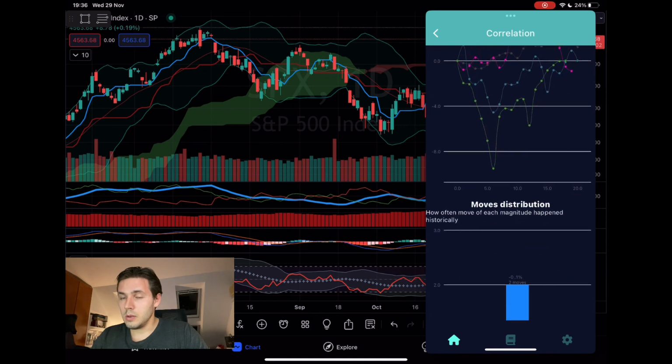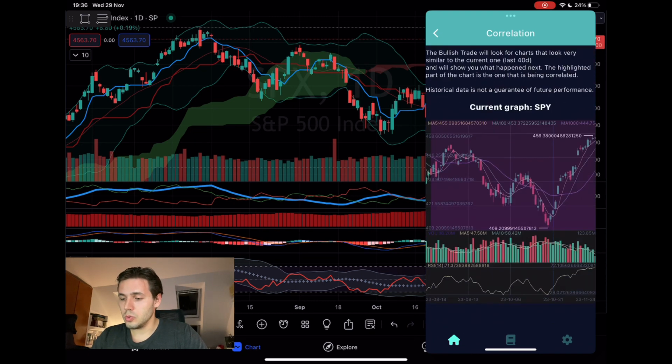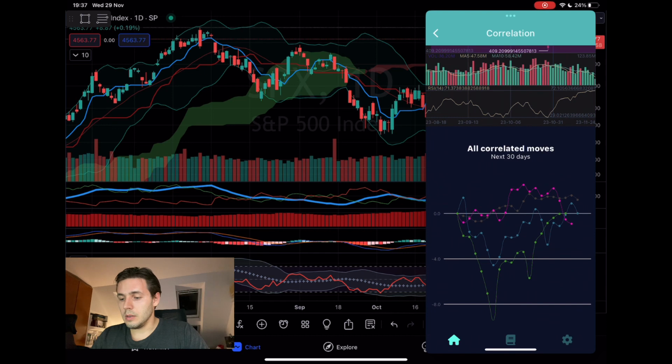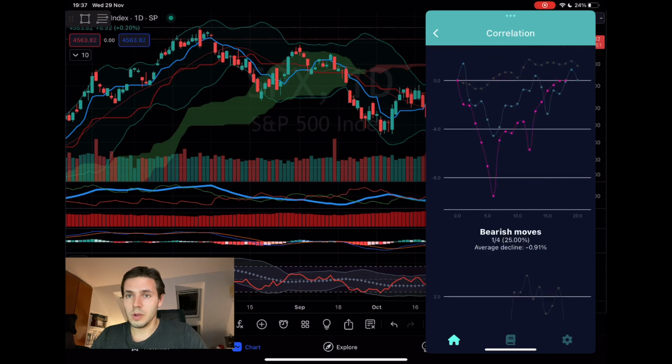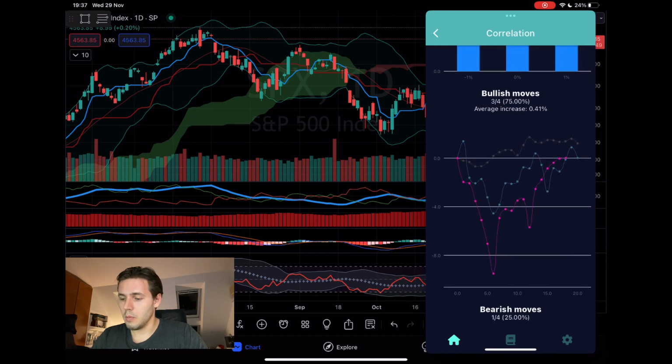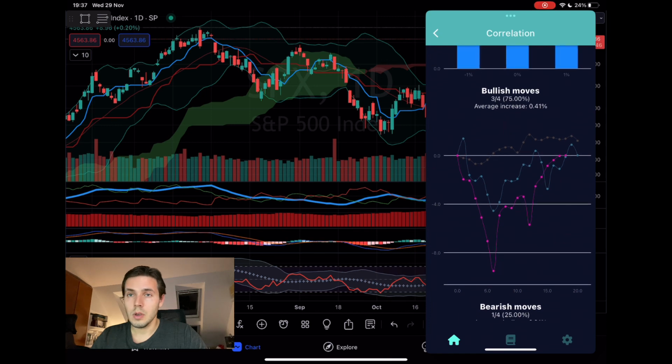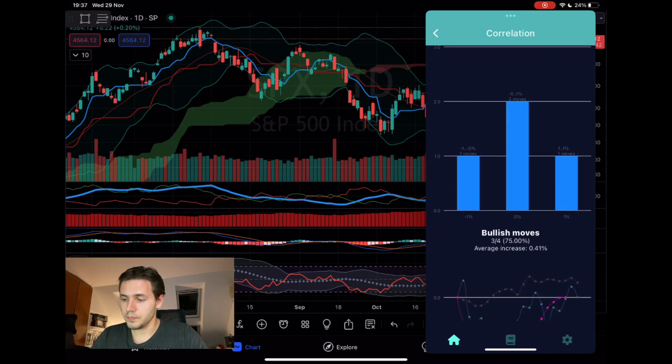And why would you need it? It shows statistically what to expect from this type of move. So right now we found for SPY 4 moves, and 3 of them are bullish, 1 of them is bearish.